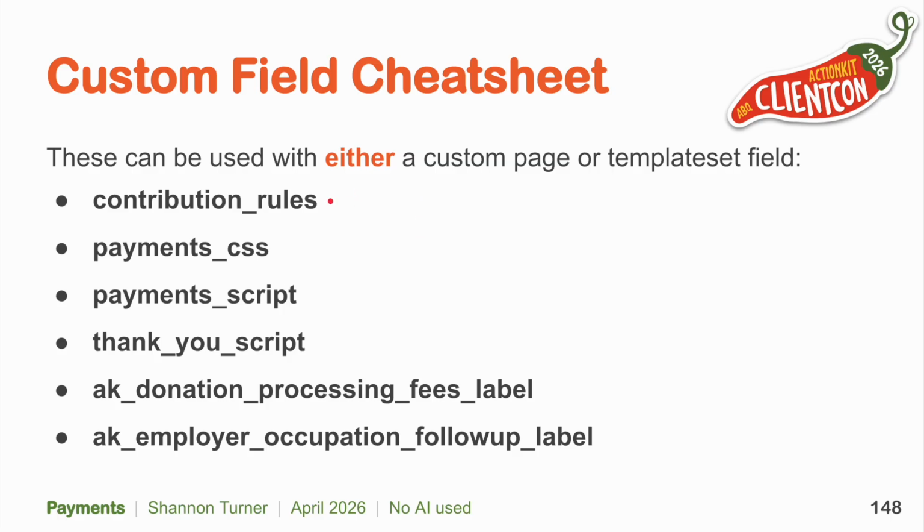That's going to be contribution rules, payment CSS, payment script, thank you script, the AK donation processing fees label, and AK employer occupation follow-up label. All of these, if you have a custom page field, that will take precedence over an existing custom template set field.